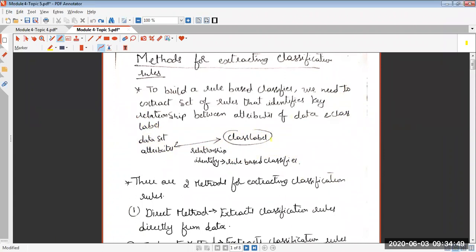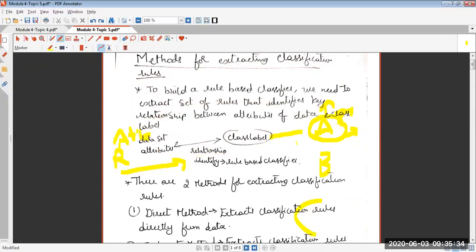For example, it will see class A, class B, class C. Now consider the rule-based classifier has taken a record R. It will check whether the attributes of this record R match the attributes that qualify a record to be in class A. That is what I mean by the relationship that I have written here. If there is a match, this record will go and sit inside class A.